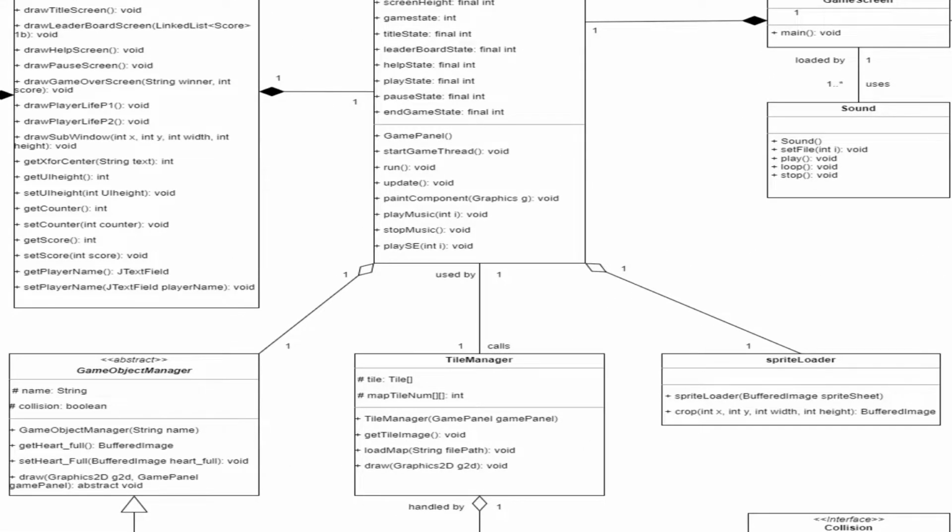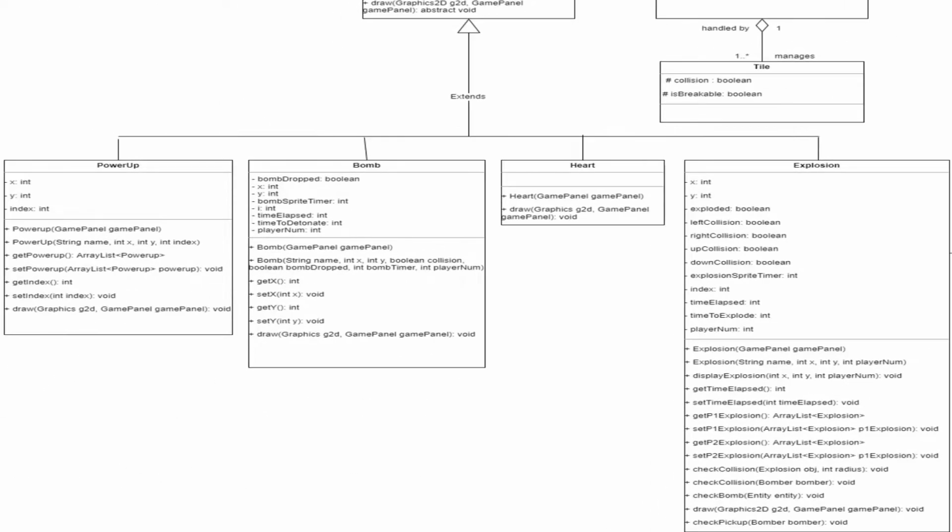So the game object manager, the tile manager, and the sprite loader are all called by the game panel to load the different sprites, the tiles, and the objects of the game. Power up, bomb, heart, explosion, all of these classes extend into the game object manager as they are part of the game objects in the game.